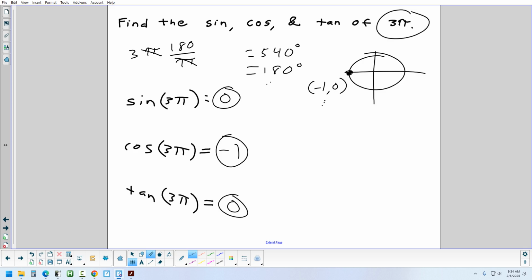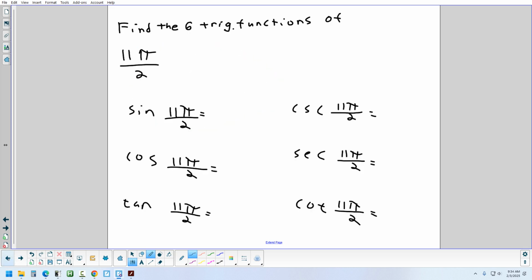Okay. Any questions on that? Let's try one more. So find the 6 trig functions of 11 pi over 2. Okay. What have they given me in this problem?